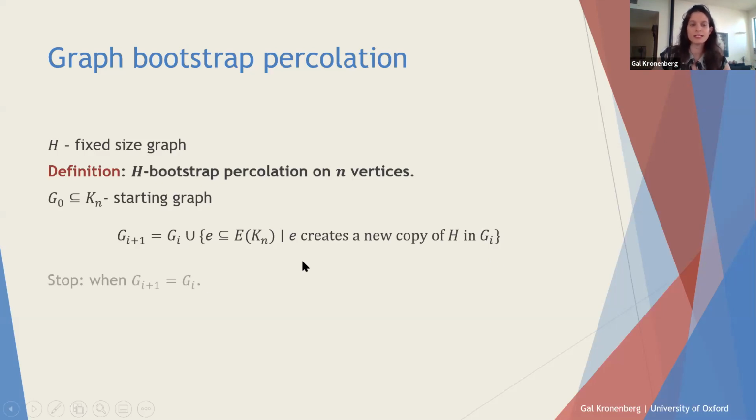I stop the process whenever I cannot infect new edges, so whenever the process stabilizes. It can be either the complete graph or not. Maybe I couldn't infect everything and it stopped, but maybe it stops when we achieve the complete graph.